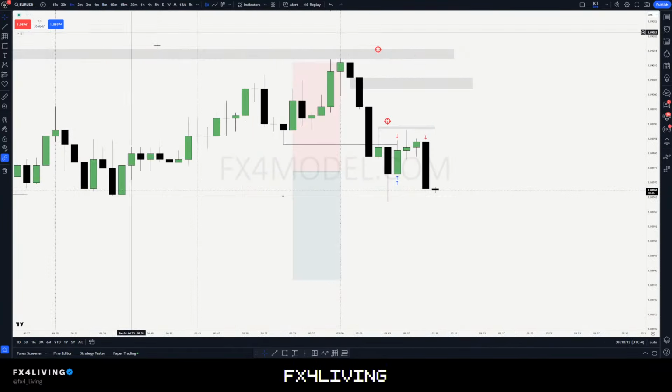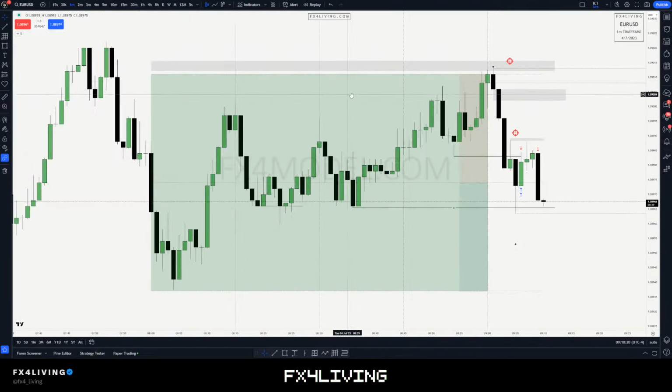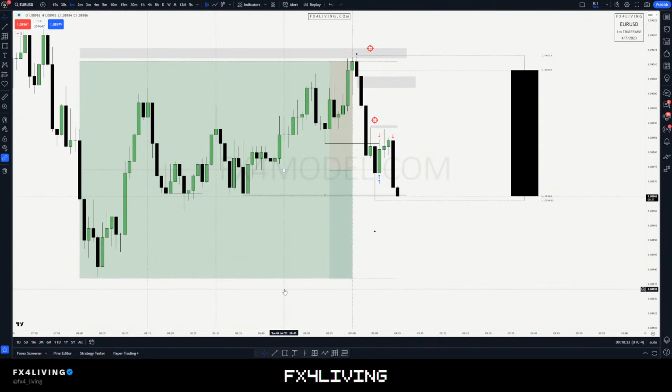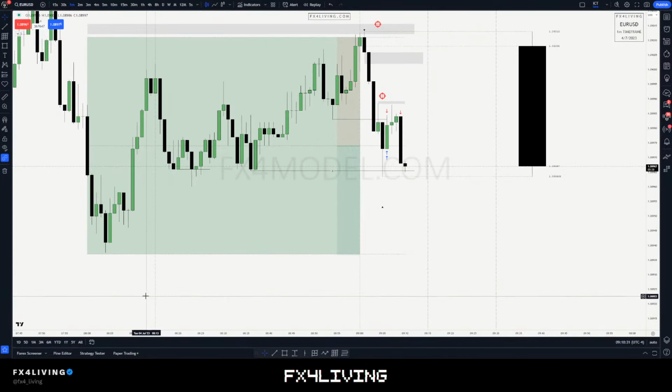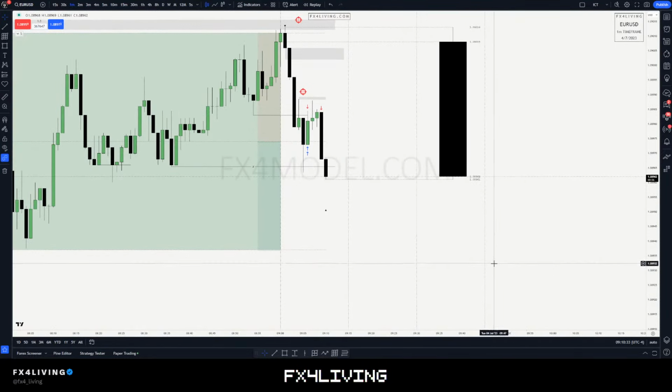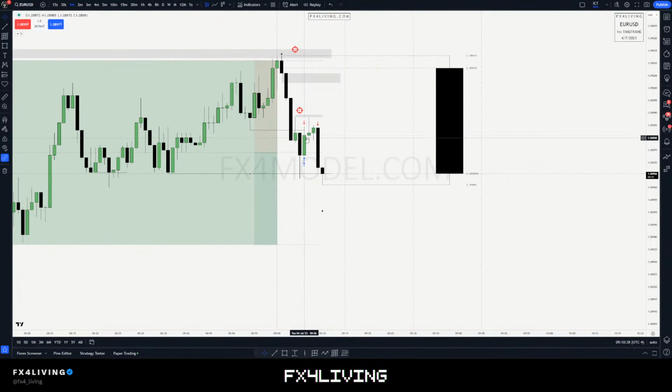So I need to put some line, right? I can reuse this one here, I feel like. But that's the thing, I was not considering the factor of time too on this trade. This is your 30-minute. So the mistake here is I was not considering the time factor, right?